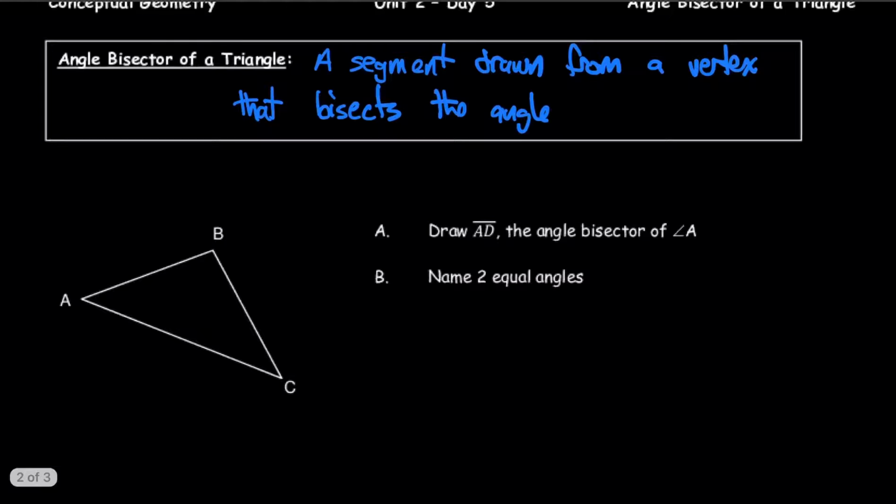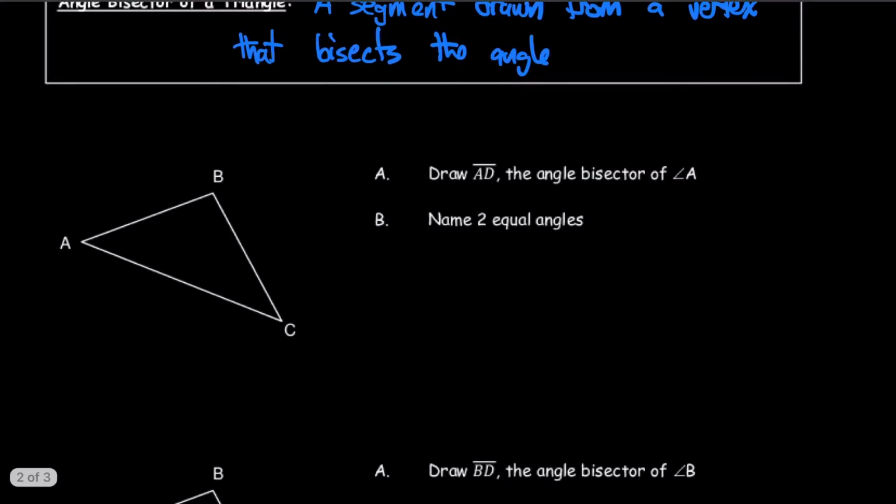What we're going to do first here is draw AD, the angle bisector of angle A. So we start at A and we go across the triangle so that this angle is divided equally into two angles. It just takes a little practice, and then you'll get the hang of it.